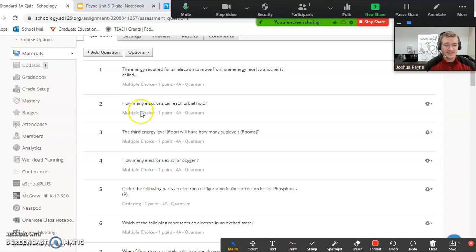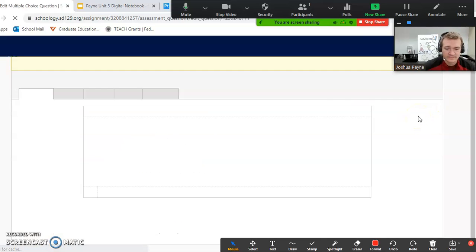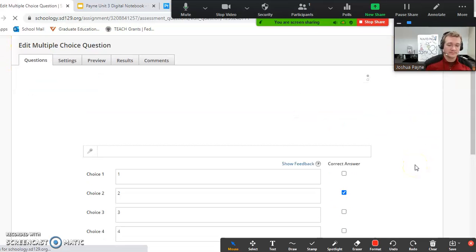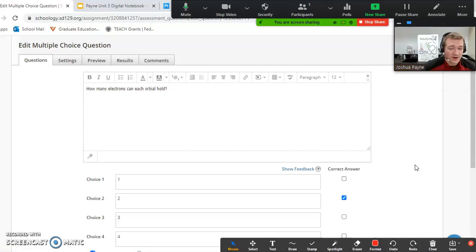2, how many electrons can each orbital hold? So remember, our orbitals are the bunk beds, right?